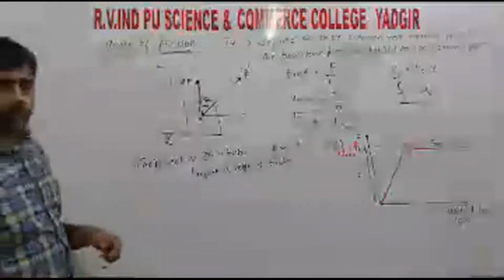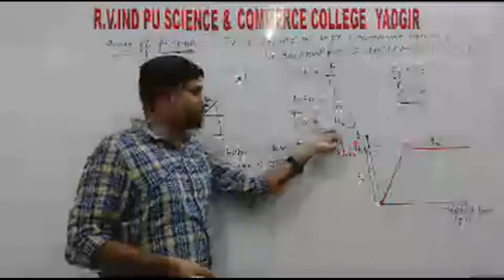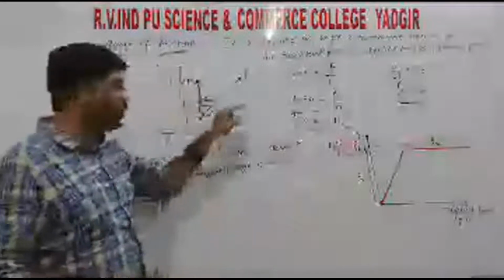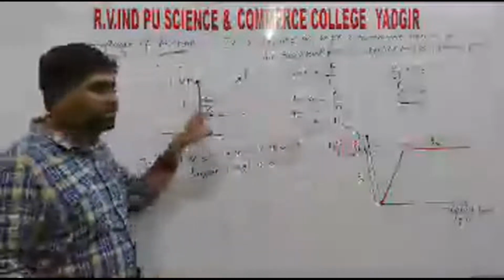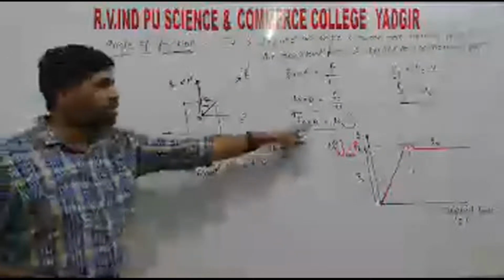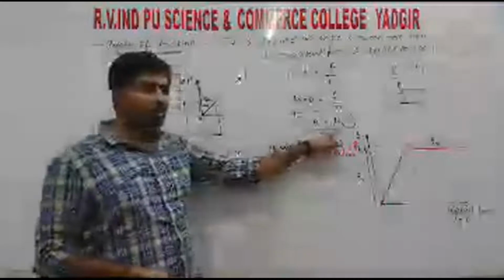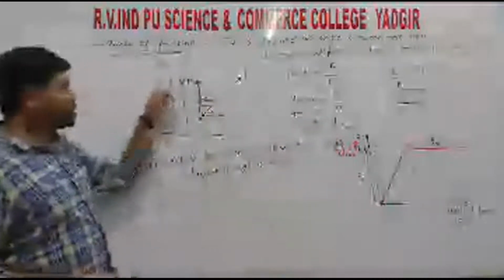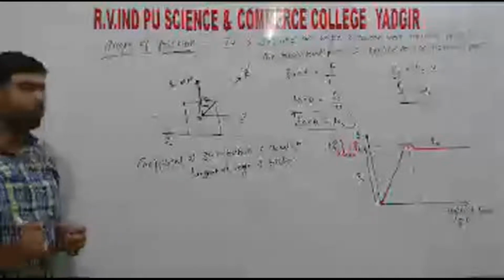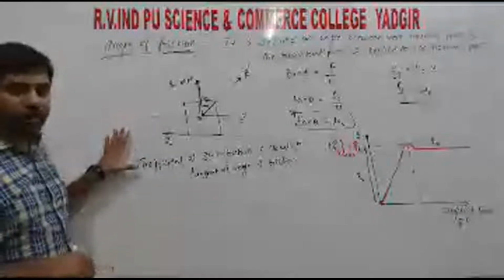Tan theta is equal to mu s. Now, when deriving some derivations, directly in place of tan theta we need to substitute mu s or mu k, depending on the situation. If the object is moving we substitute mu k, if it is at rest we substitute mu s. So we should know this. Tan theta is equal to mu s, right? So this is about the angle of friction.